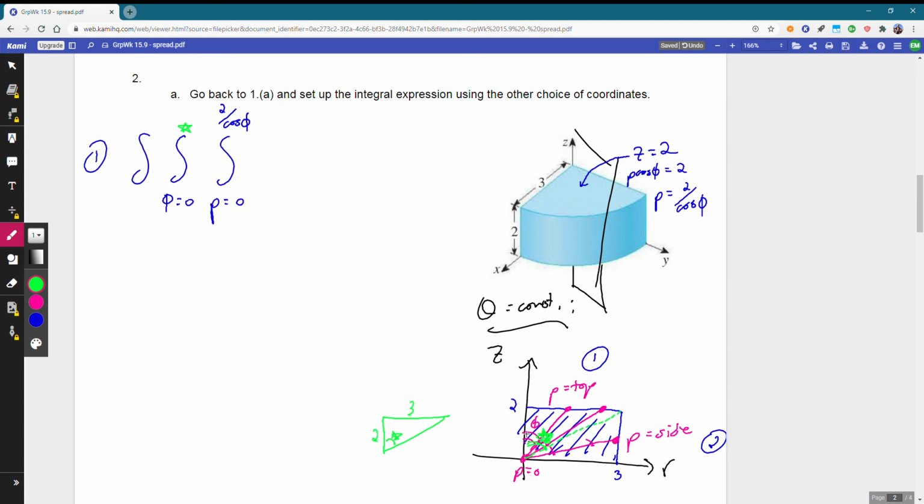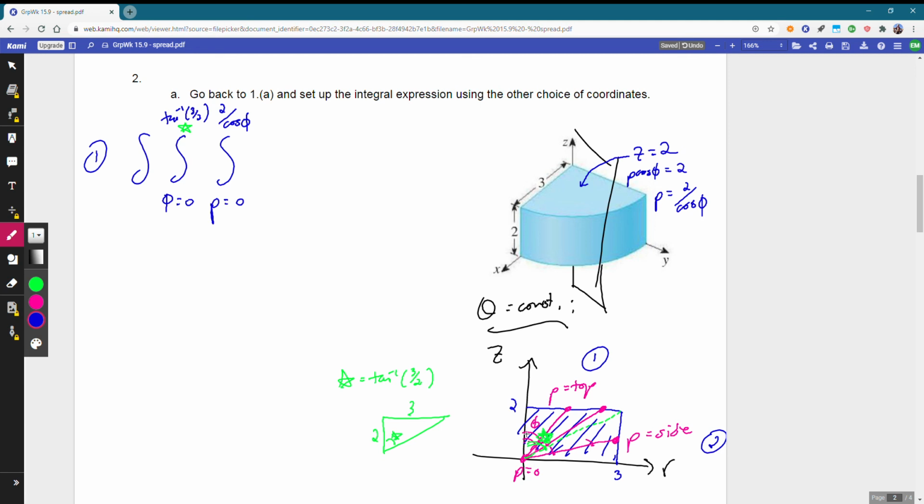We have 2 and 3, and so that angle star is going to be inverse tangent of 3/2. We can write that. So this star is inverse tangent of 3/2. That's a fine and, in fact, good exact way to leave that.